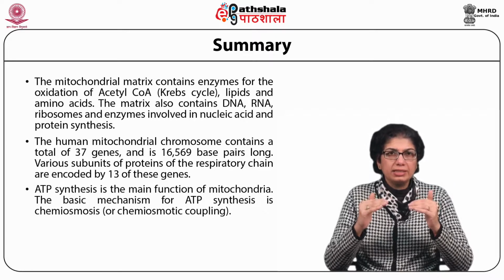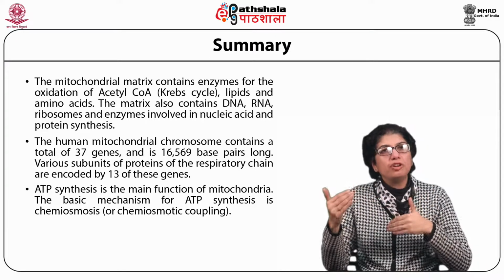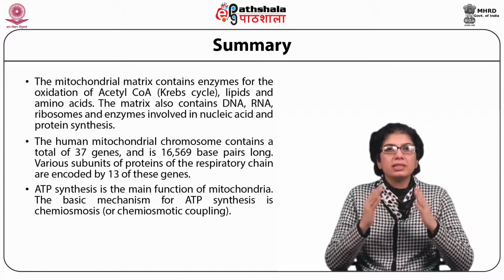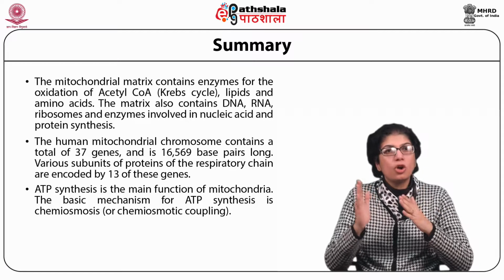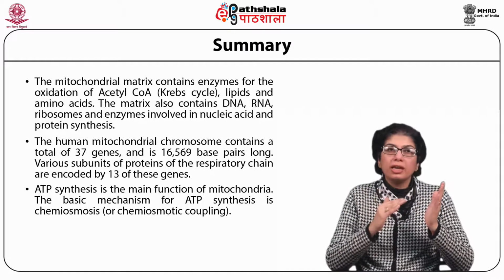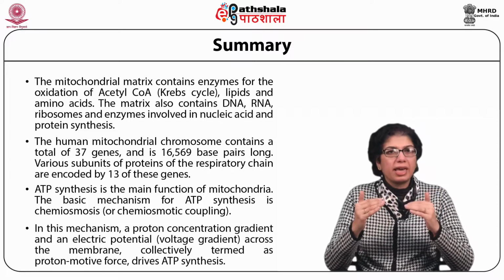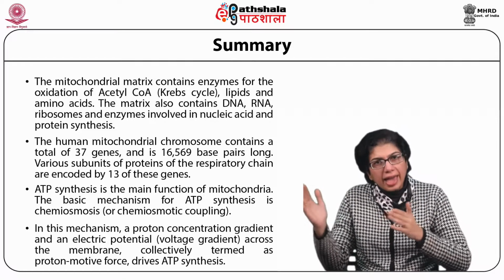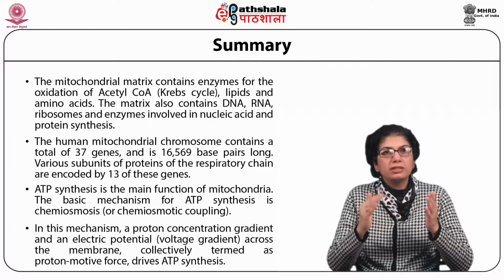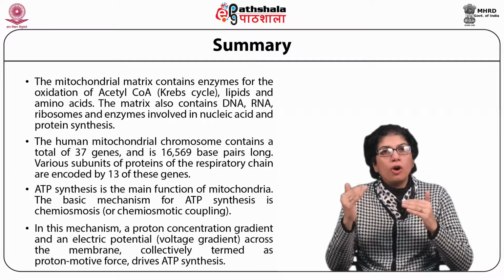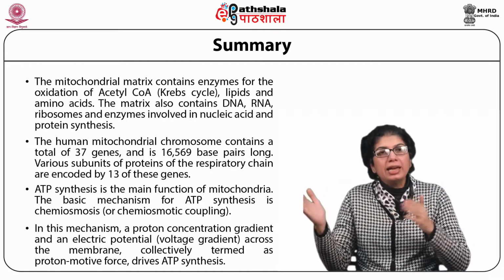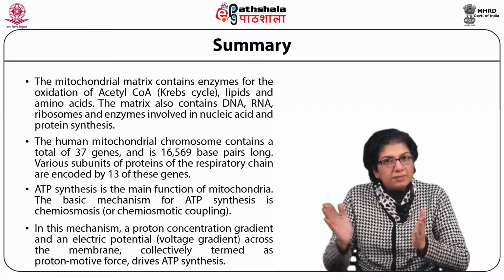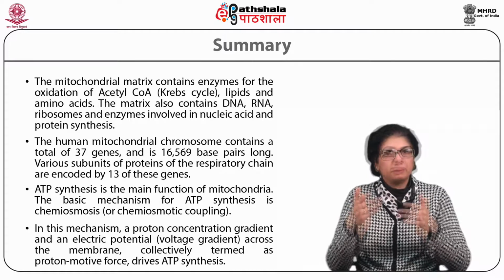ATP synthesis is the main function of the mitochondria. The basic mechanism for ATP synthesis is chemiosmosis or chemiosmotic coupling. In this mechanism, a proton concentration gradient and an electric potential, that is the voltage gradient, across the membrane, collectively termed the proton motive force, drives the synthesis of ATP.